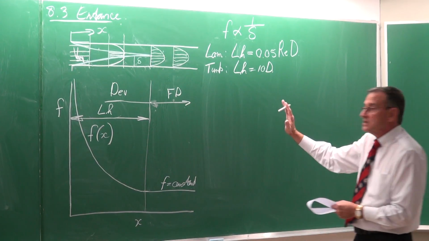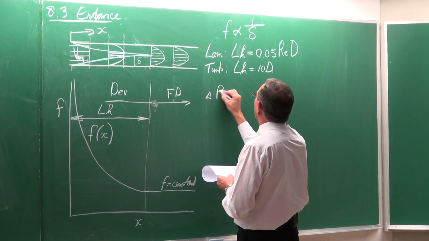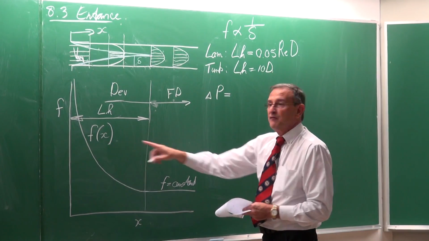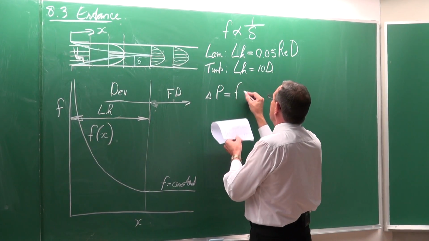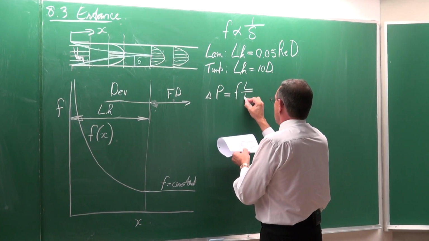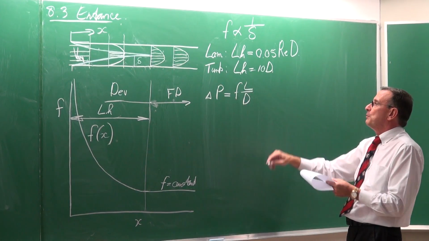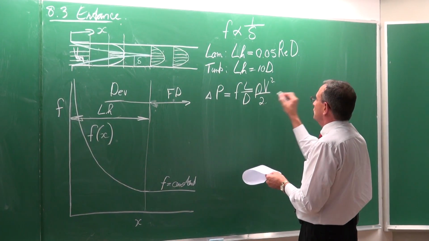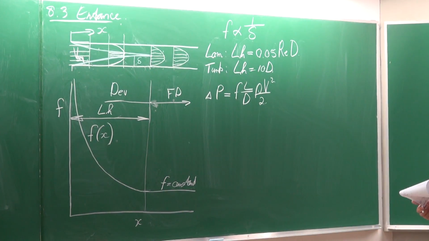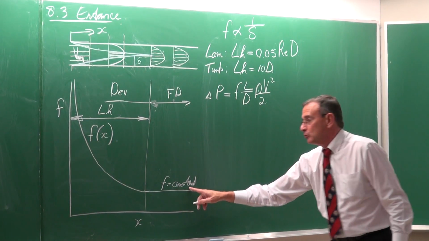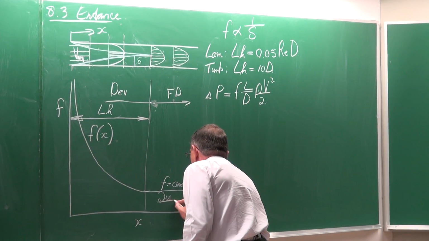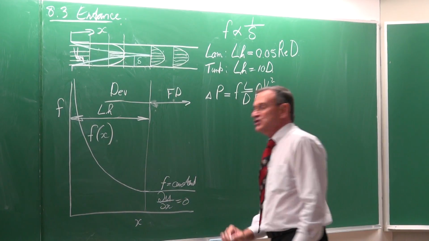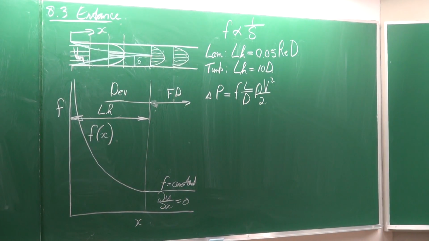Why is this important? Again, it is important because we always want to know what the friction factor is so that we can calculate the pressure drop, which is equal to f multiplied by L divided by D, rho V squared divided by 2. In general, when the friction factor is equal to a constant, it means that du/dx is equal to 0. The velocity doesn't change anymore as a function of x.